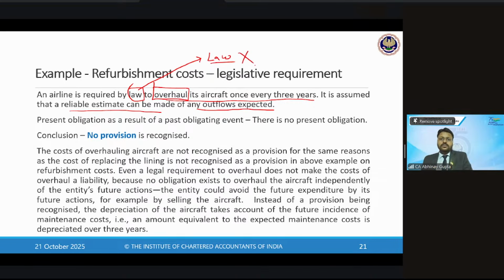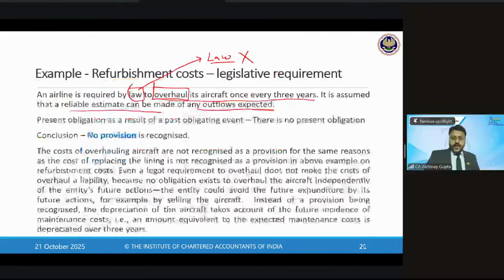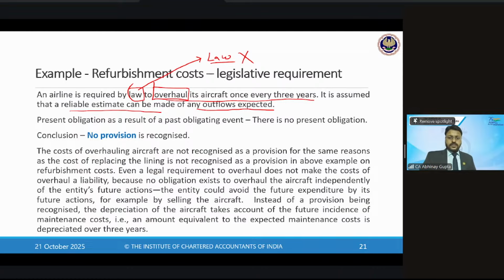Just by virtue of this being driven by law, does it make any difference? No. Right? In the previous example, there is no legislative requirement; the company replaces the lining every 5 years so that the furnace runs at its best capacity. And in this case, the requirement is being triggered by virtue of law. So does whether it is triggered by management decision or by law make the selection of Ind AS different?